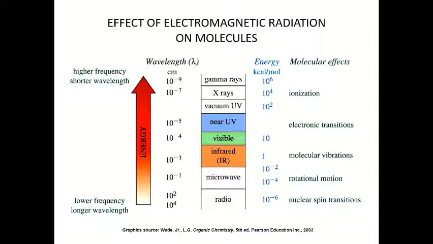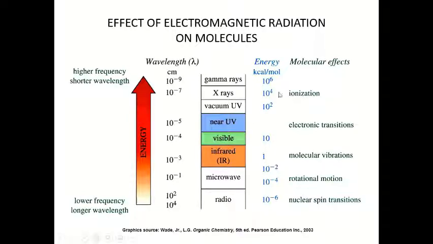The same with the wavelength and the energy. Because remember, frequency and energy are directly proportional, and wavelength and energy are inversely proportional. The same with wavelength and frequency, right?